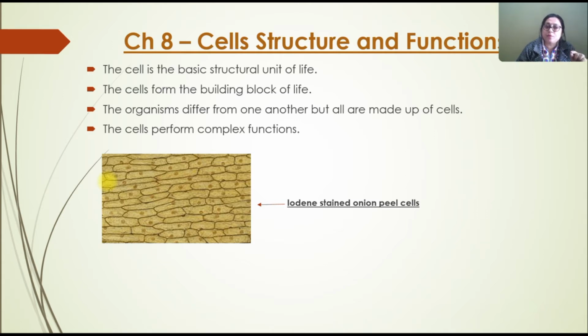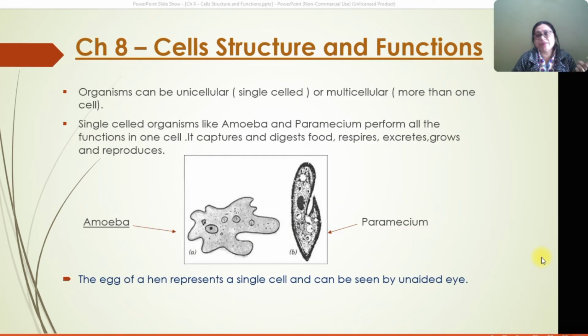And inside the body of the organism, it is the cells only which perform the complex functions. So we all are made of cells, may it be a plant or a monkey or any organism. The basic structure is made up of cell, and all the complex functions are also performed within that cell.